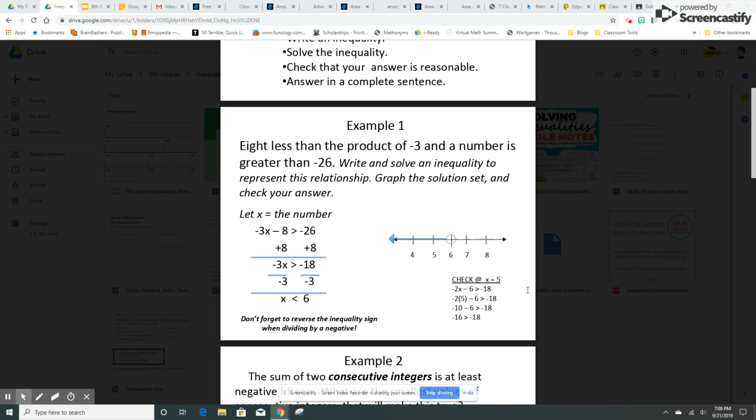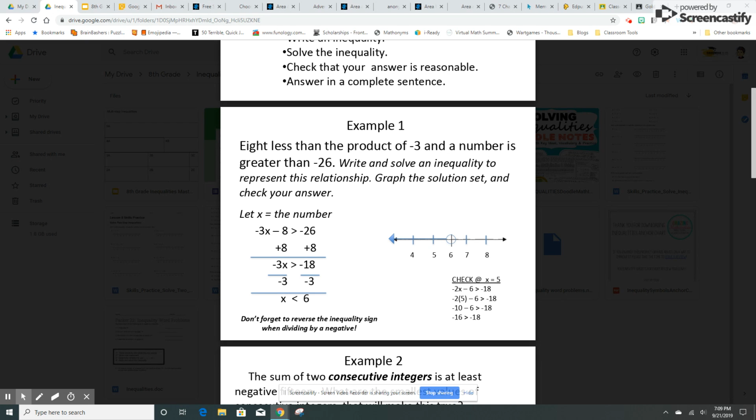So when we have a number, we're going to have a variable. And it says that all of this is greater than -26. So if we look at our inequality here, we have -3x minus 8 is greater than -26.